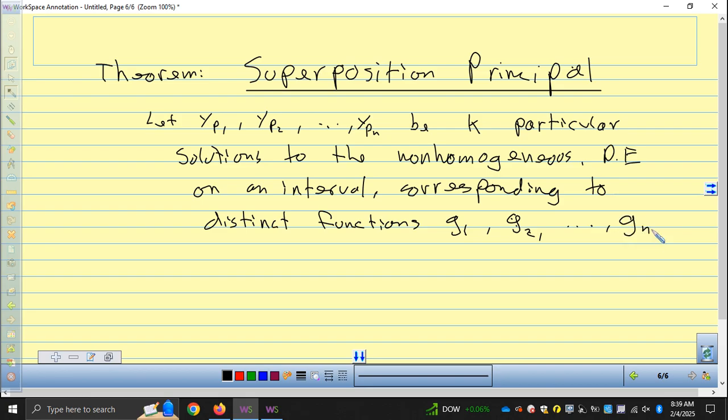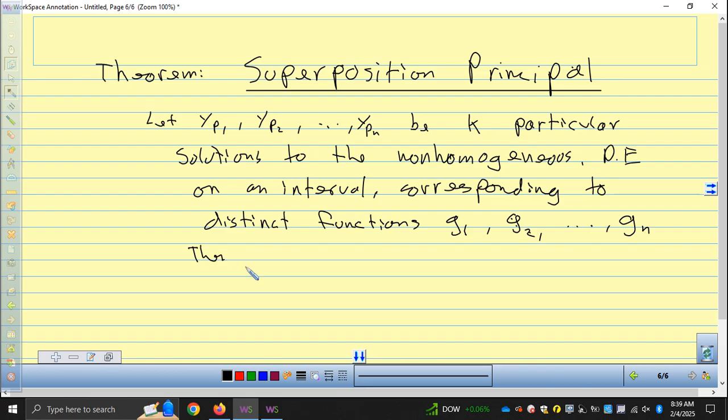So we have a non-homogeneous differential equation equals g1, another one equals g2, another one equals g sub n. These are the particular solutions for the one that equals g1, the one that equals g2. It's the same differential equation, but equaling different functions.